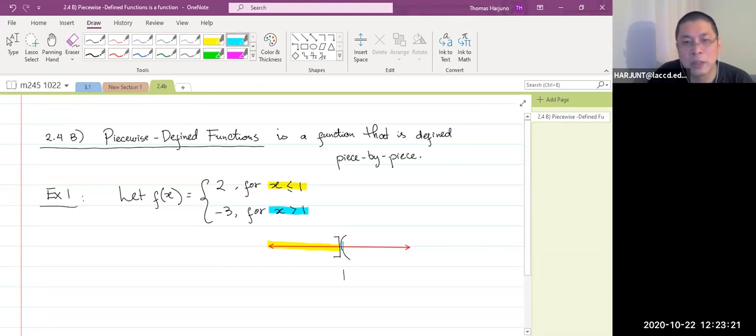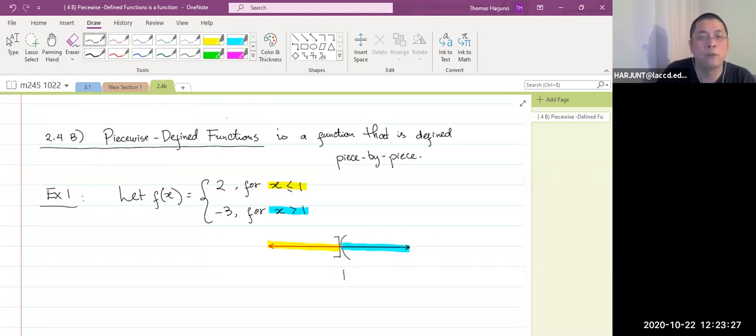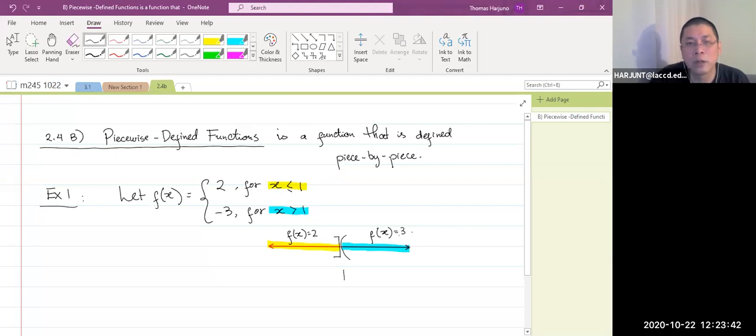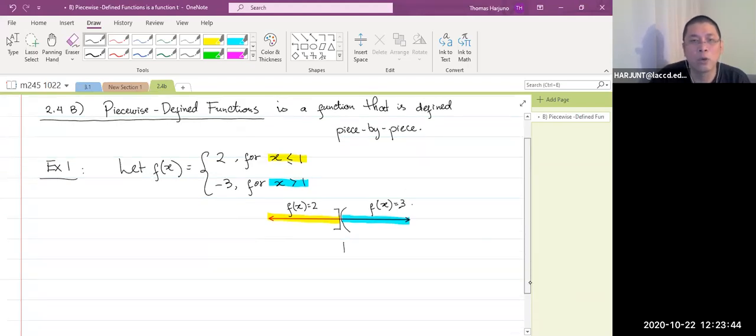So when x is 1 or less than 1, the function you use is f(x) equals 2. And when x is greater than 1, the function you use is f(x) equals negative 3.